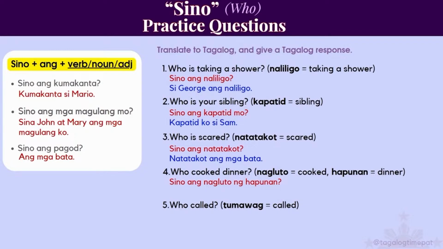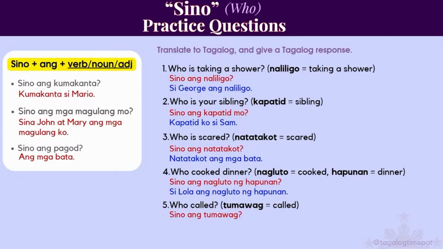Ng is the sentence marker before the noun. Si Lola ang nagluto ng hapunan. Lola cooked the dinner. Si Lola ang nagluto ng hapunan. And then last example, who called? Tumawag is called. Sino ang tumawag?